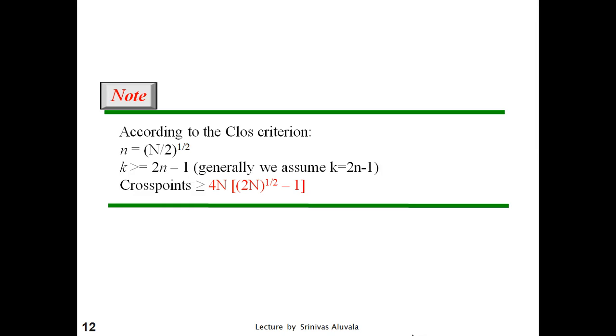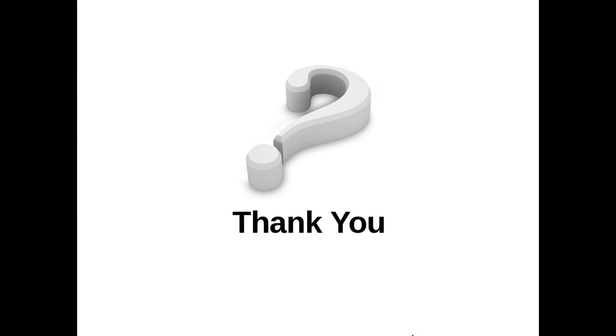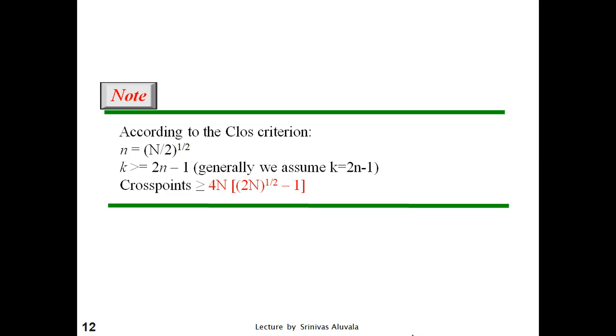The total number of crosspoints is equal to 4N times the square root of 2N minus 1, which is generally equal to 25% of the crosspoints needed for the data communications, which solves the problems that arise in designing a multi-stage or three-stage crossbar switch.